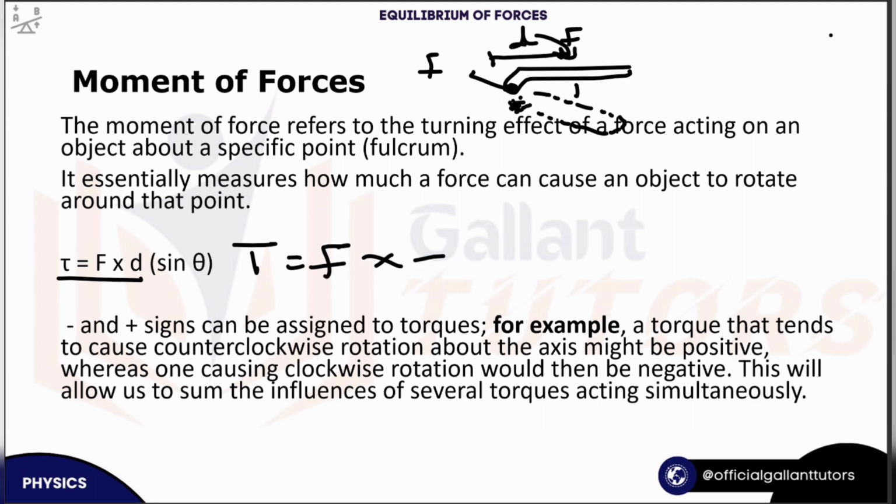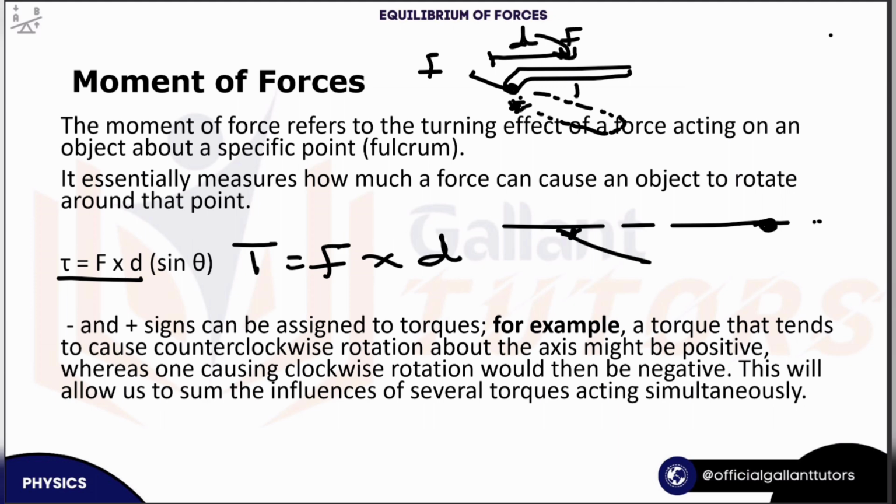As I told you, the torque is equal to force times perpendicular distance. Now it's not in all cases that you have the force at 90 degrees to the distance, right? Sometimes it can be at an angle, something like this. Let's say this is the fulcrum. So this is an angle, so it can be in this manner.